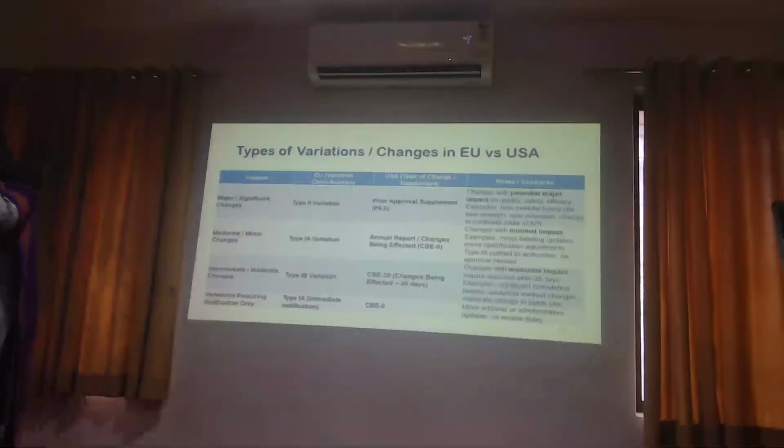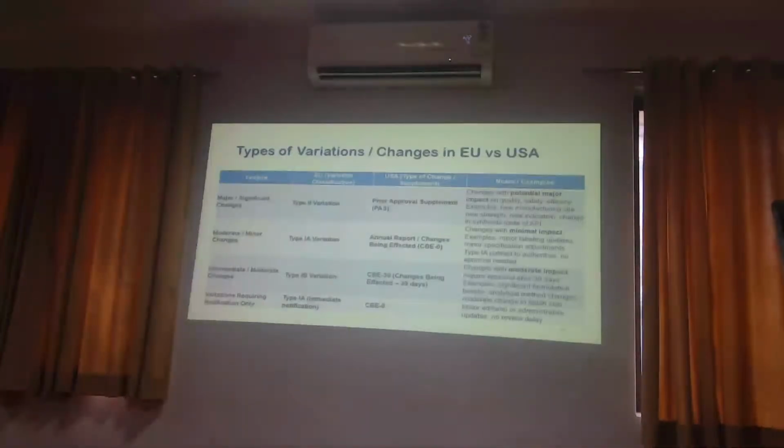So that will ensure uninterrupted supply also. But if it had been a DMF grade vendor, then it would have been a type 2 variation. Then you have to generate the data, generate 6 months of stability, and wait for that. Then you apply, and then wait 6 months for approval. So there will be 1 year of commercial loss.